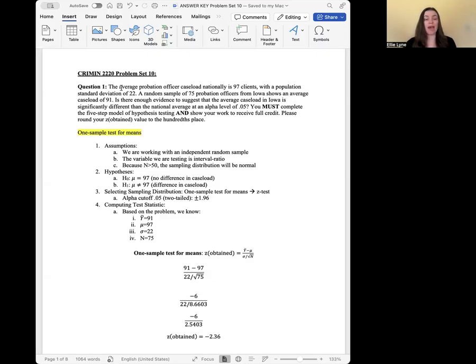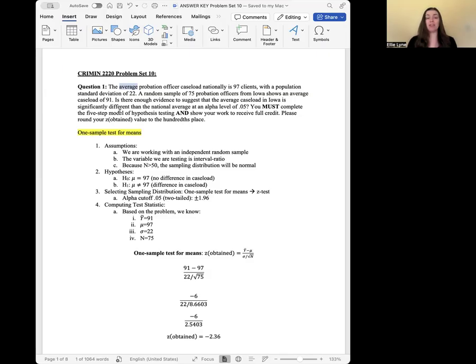Right off the bat, the second word I see is average: the average probation officer caseload. That should trigger for you that I am going to be conducting a test related to means, because means and average are synonyms, interrelated terms. So rather than proportions, we're going to be using means.